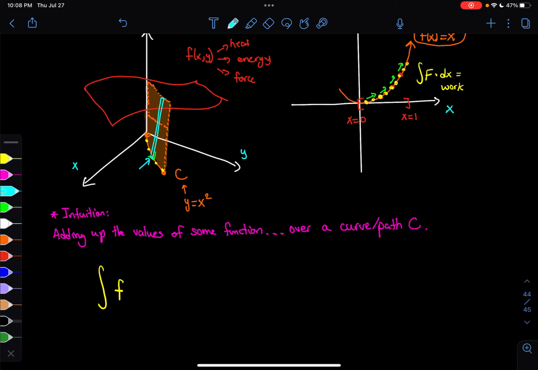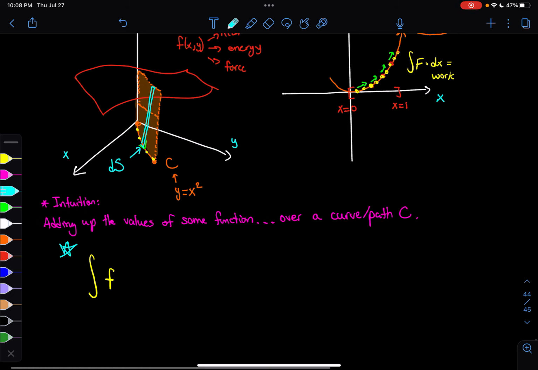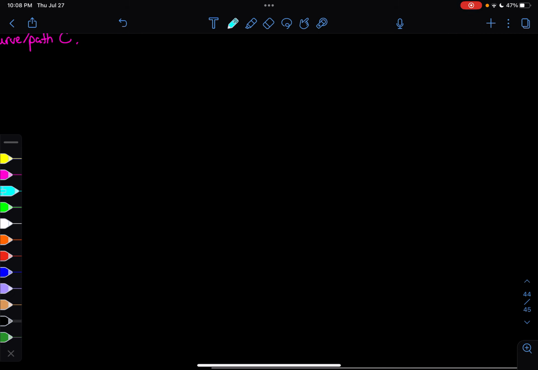And usually we call that ds. So before continuing this example, I'm going to put a little star here. We're going to come back to it. We need to talk about what ds is. So let's go over here really quick and talk about what ds is.